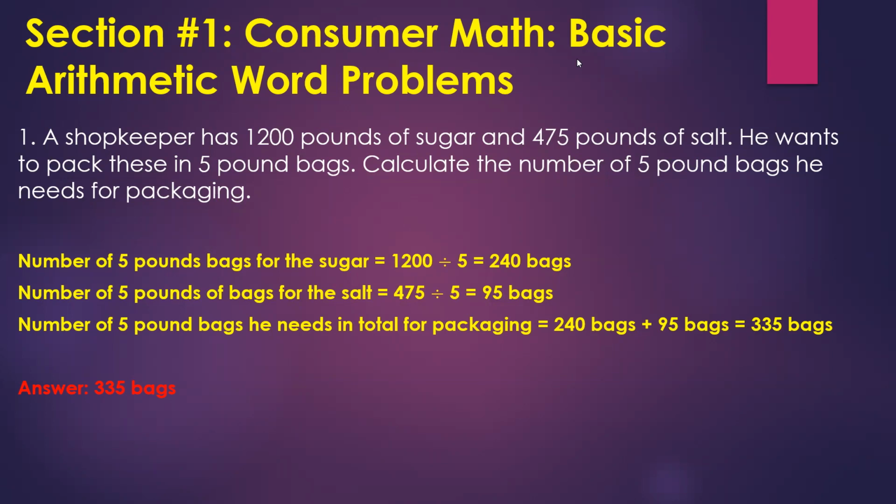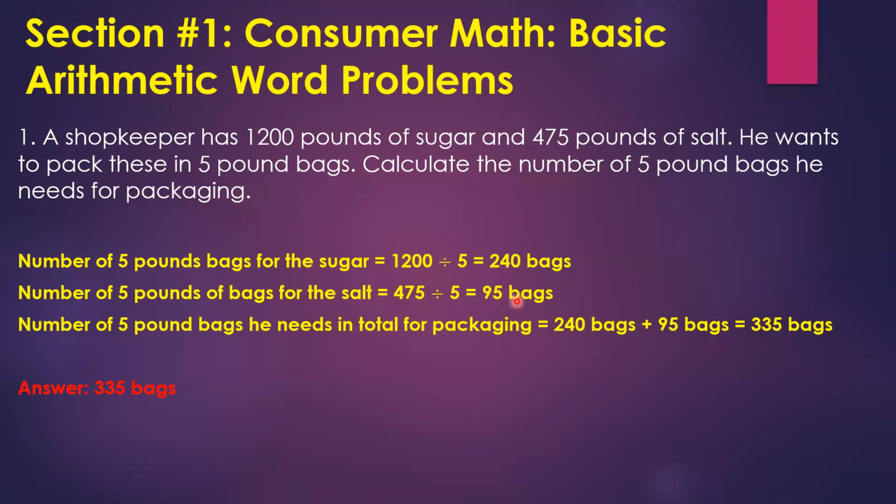For the number of 5-pound bags for the sugar, we divide 1,200 by 5 and we get 240 bags. For the number of 5-pound bags for the salt, we divide 475 by 5 and we get 95 bags.